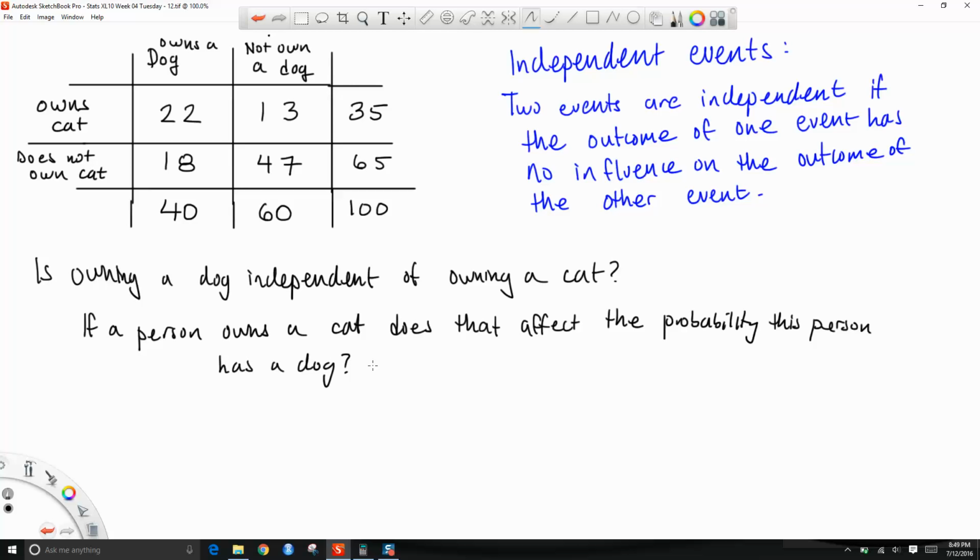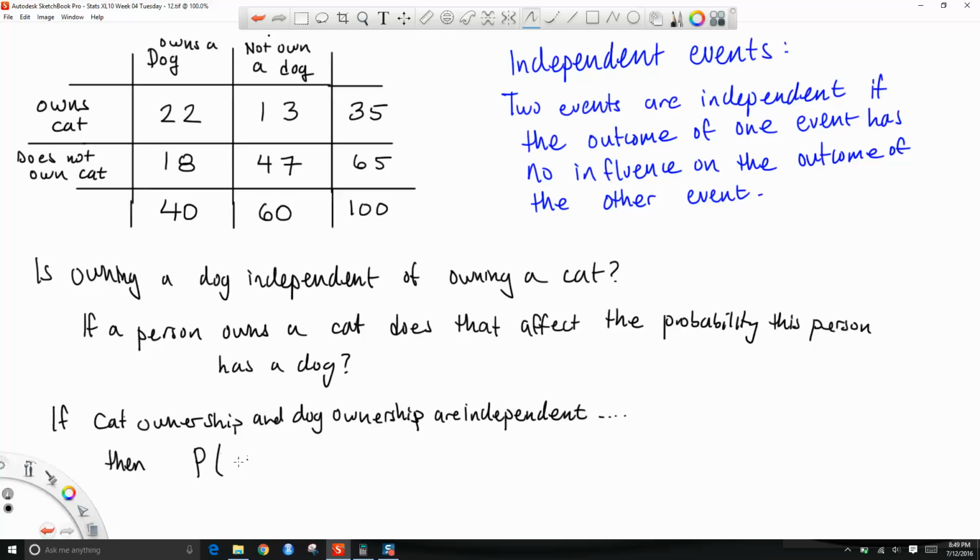Okay. And so if they were independent, if it does not affect, okay, so if cat ownership and dog ownership are independent, then what we expect is that probability of dog given cat, so what is this saying?